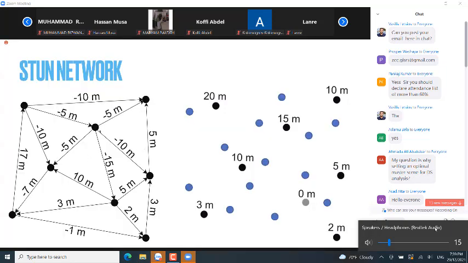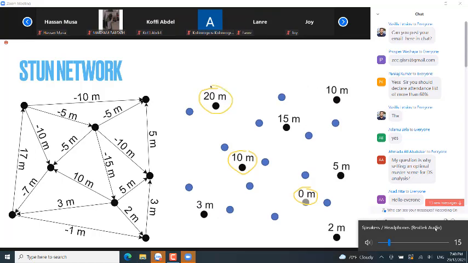So in STAN, we take the same reference point, and for all of these points in our initial network, we get the height, like this one 10 meter, this one 20 meter. We also get the velocity for each of the points.